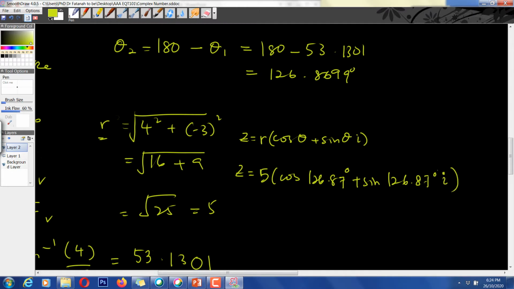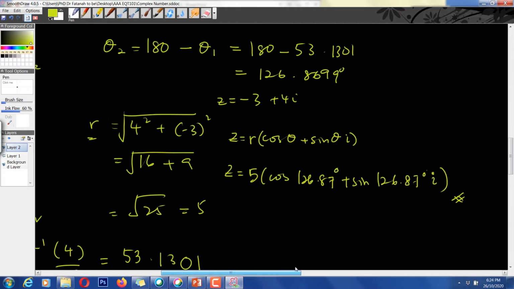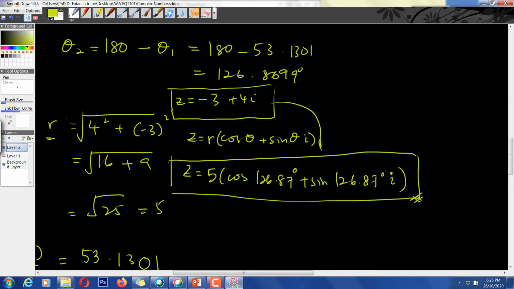That's all. So we already managed to transform from the standard form -3 plus 4i. It is similar, but in another form, a polar form. It is a similar number, right?